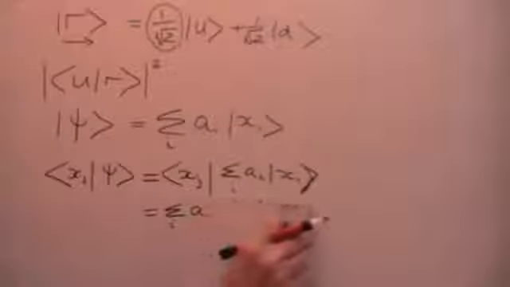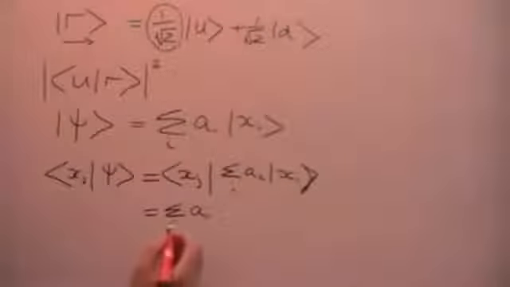When j equals i, this term becomes 1. So you don't need the sigma term at all. It's just aj. Or if we use psi as a probability amplitude, that can sometimes be written as psi j.